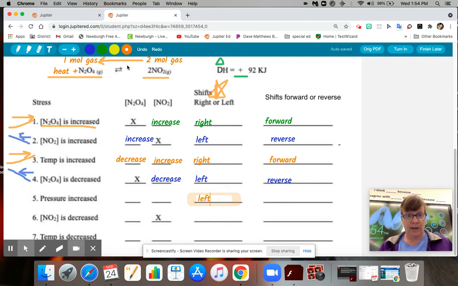Again, make sure we're looking in the right place. Once I know that it's shifting left, again, look at the arrow. Okay. Where you're coming from, the NO2 decreases. And where the arrow is going, over here, N2O4, that side's always going to increase.